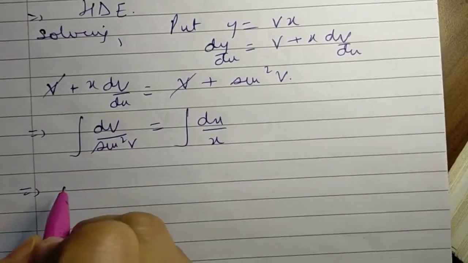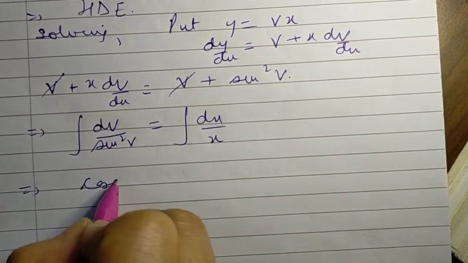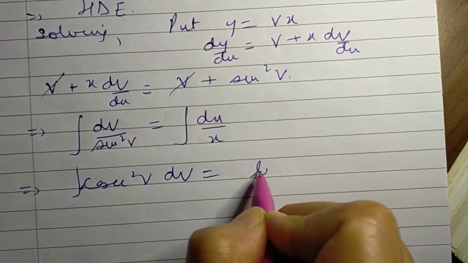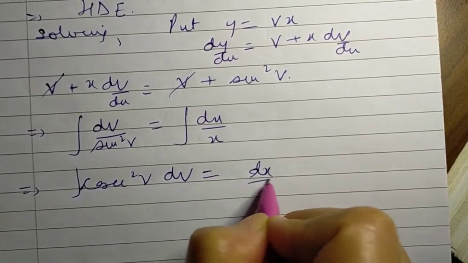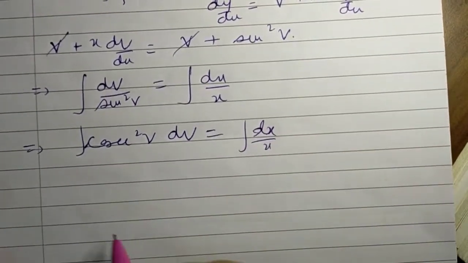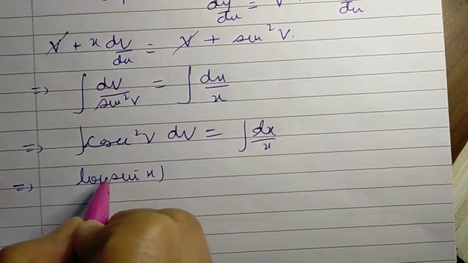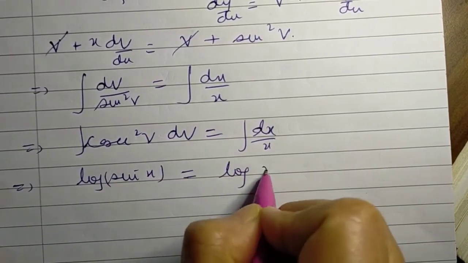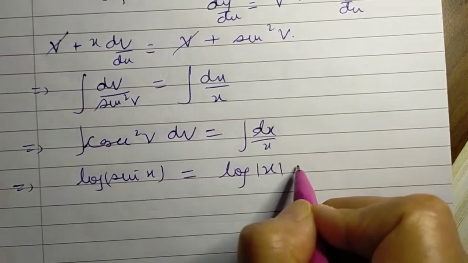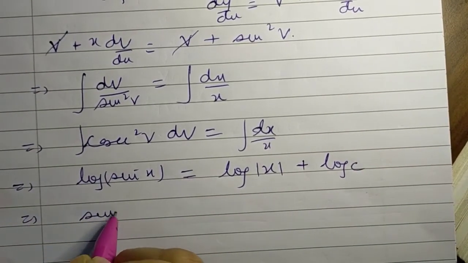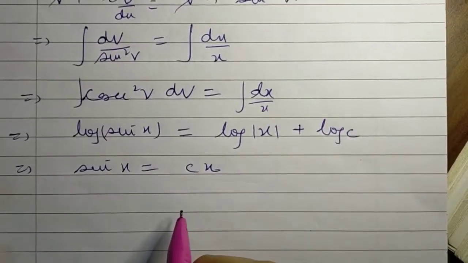So this is cosec squared v dv equal to minus dx over x. Now integrating, we get minus cot v equal to minus log x plus log c.